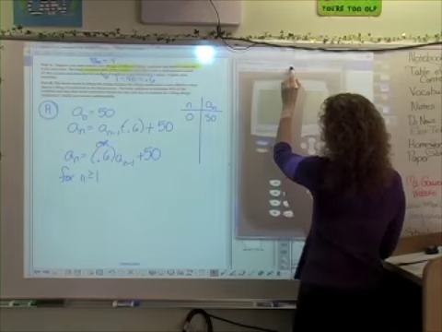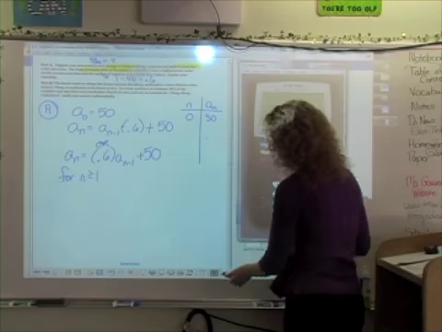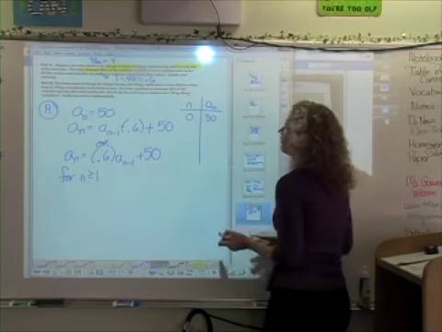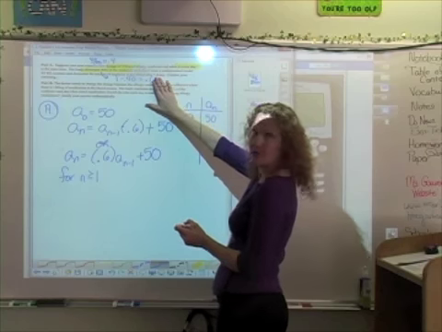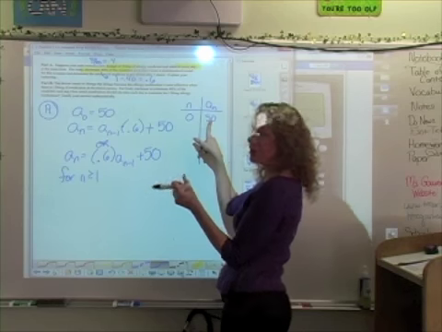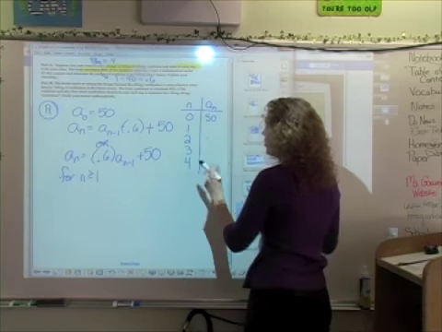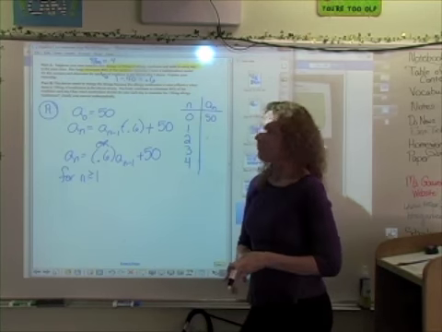All right. So I know at starting it's 50. So now what I need is after 5 doses. So this would be my first dose. Now this would be technically my 2nd, 3rd, 4th, and 5th. So you can write it this way.